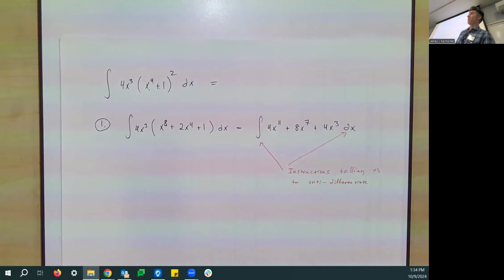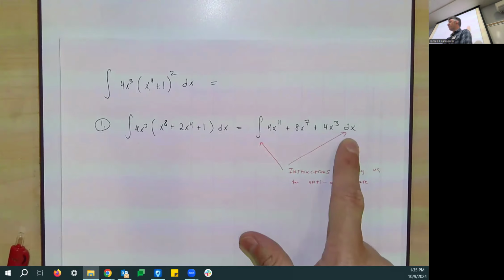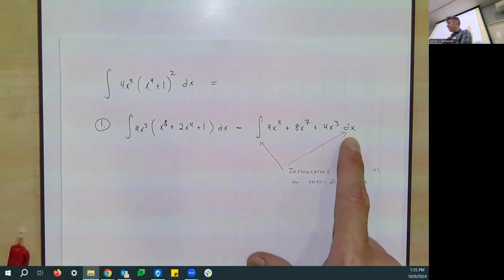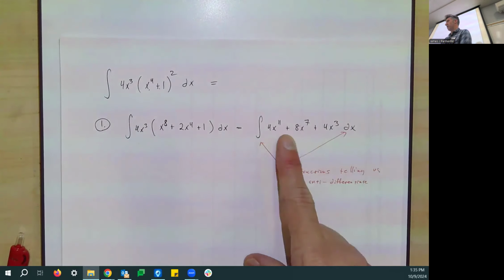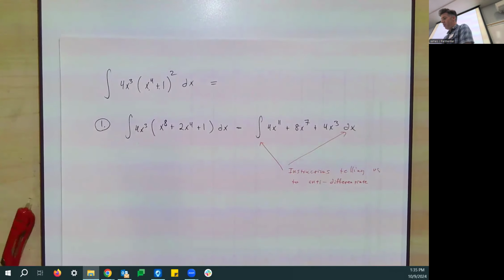If it was a dy, we'd be antidifferentiating with respect to y, and so on. Later on, in 17C, when we talk about functions of two variables, this becomes more important because sometimes you'll have a double integral with a dx and a dy, and you have to pay attention to which variable you're integrating first. For now, the variable in the dx should match the variable in your integrand.